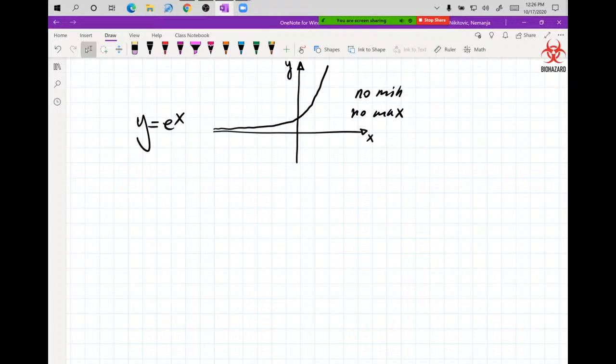But the range of sine and cosine function is from -1 to 1. So there are no points that are taller than 1 and lower than -1. Therefore, those ones are absolute max and absolute min. And you have infinitely many of them. So it's a very interesting situation.